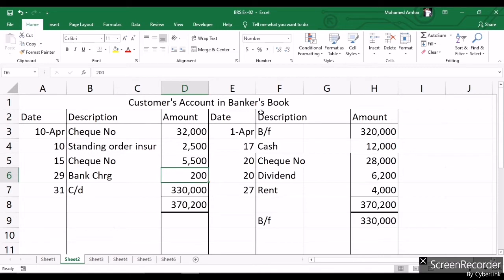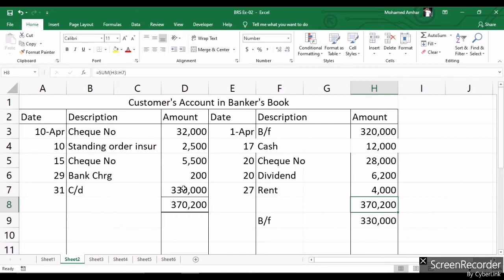In the customer's account maintained by the bank, this is the opening balance, and then these amounts were deposited. But this is an error entry by the bank. However, this much of amounts were credited by the bank, so the total is 370,200, and according to the bank this much of amounts were debited.